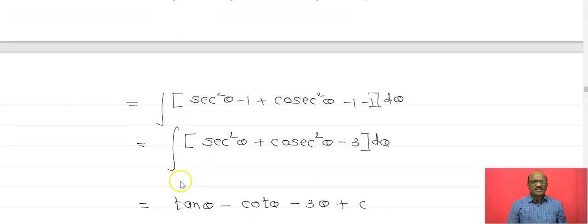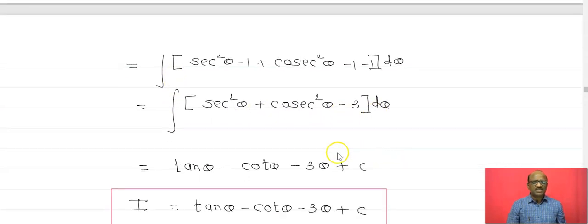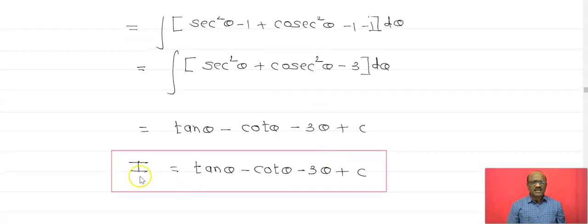That is the integral of sec square theta plus cosec square theta minus 3 d theta. The integral of sec square theta is tan theta, the integral of cosec square theta is minus cot theta, and the integral of 3 is 3 theta plus c. Hence the answer is I is equal to tan theta minus cot theta minus 3 theta plus c.